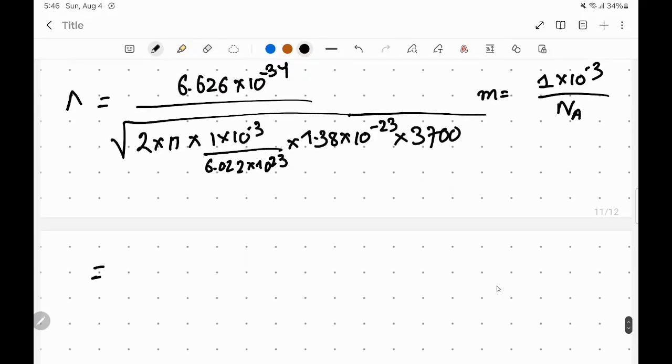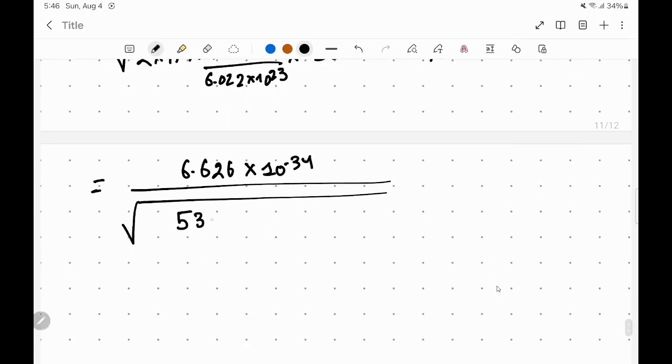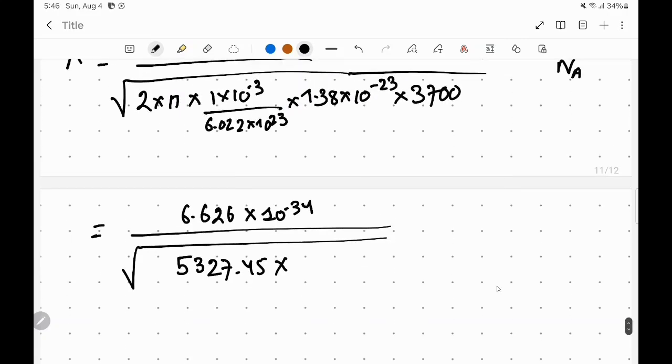So it will be 2 pi into 1.38 into 10 to the power minus 23, which gives 10 to the power minus 59.